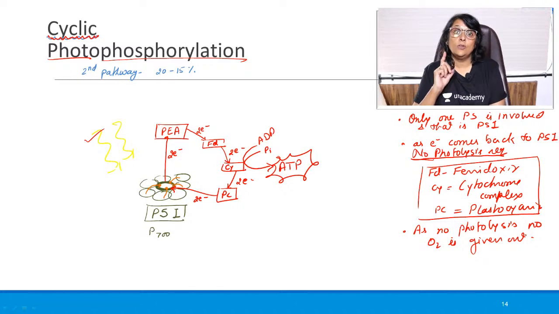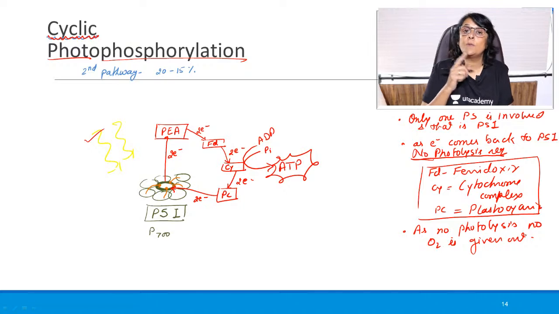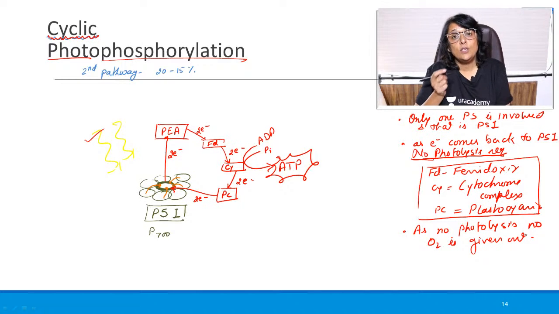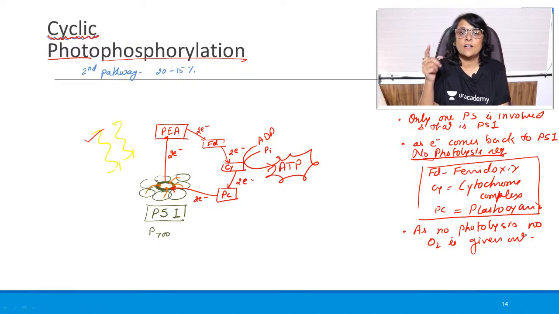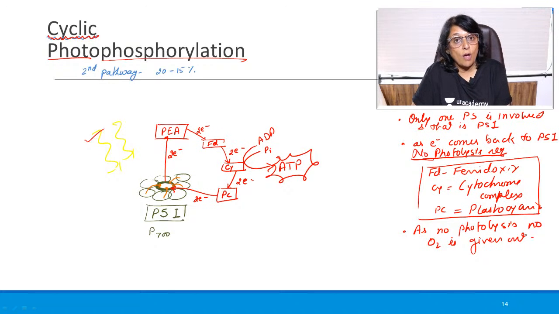So in non-cyclic photophosphorylation, because the electron doesn't come back, the plant has to undergo this process of photolysis. Because water is splitting, oxygen is given out as a byproduct. In case of cyclic, because the electron comes back, you don't have to make up that loss because there is no loss. So in that case, no photolysis, and if water doesn't split, no electron pair, no proton and no oxygen. And no proton means no reducing power.